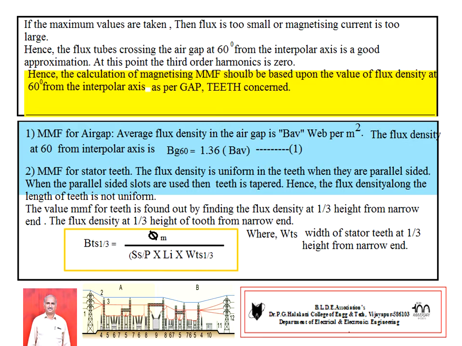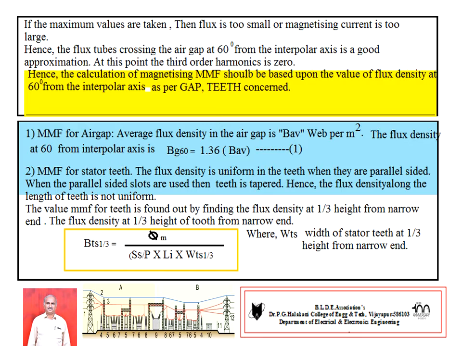Hence all flux density values for air gap and teeth, we have to convert to 60 degrees. Hence we are going to get one good approximation. So by assuming this, we start the derivation. Number 1, MMF for air gap.